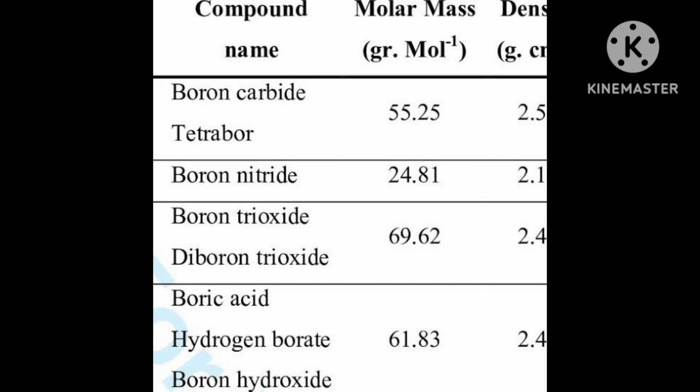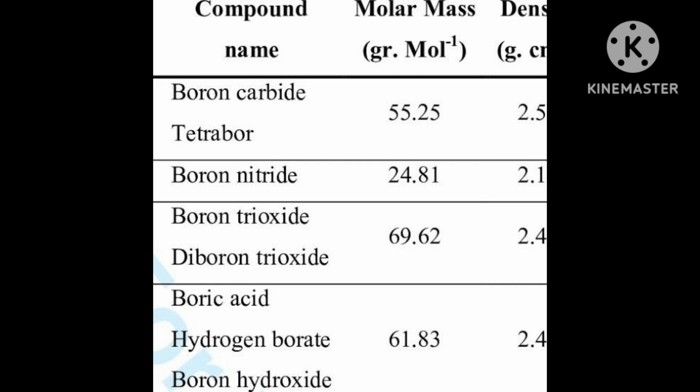Now I am going to discuss one more problem. In examinations, medical, IIT, this type of question is asked, even in other examinations also. Why is boric acid considered a weak acid, not a strong acid?